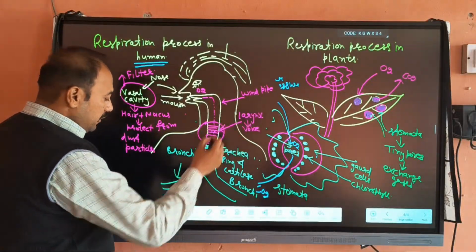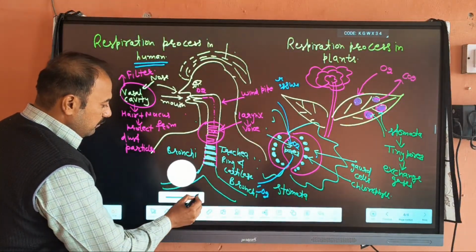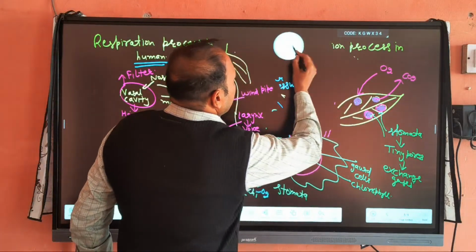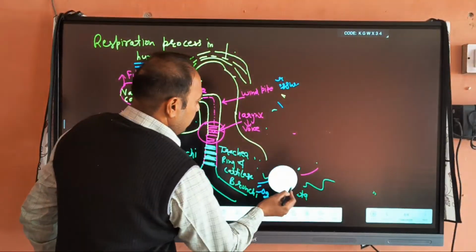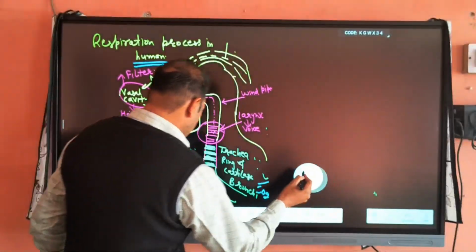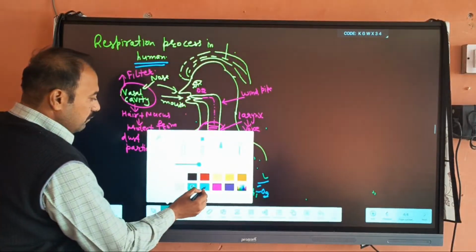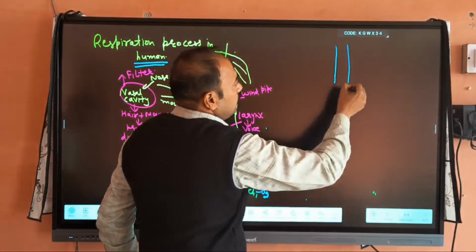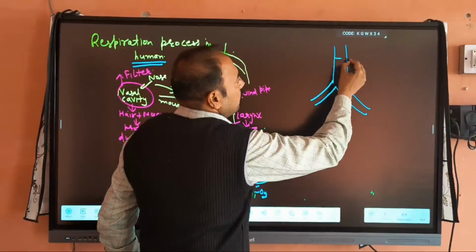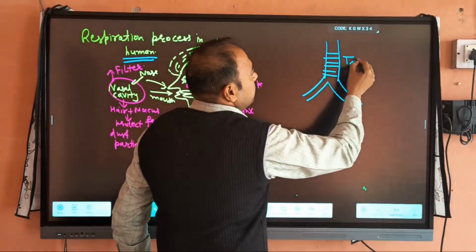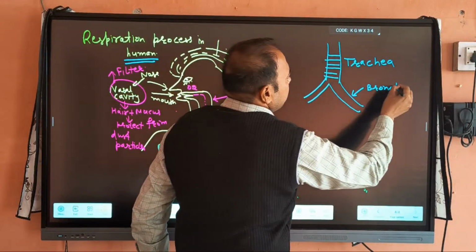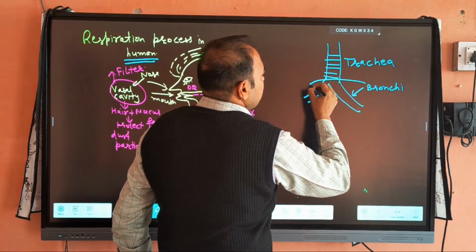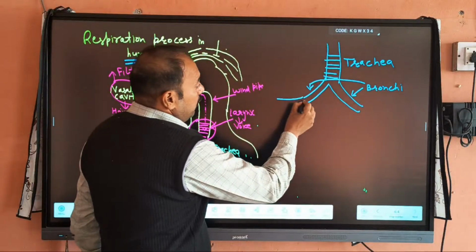After the trachea, this is known as the bronchi, and after the bronchi, these divide into smaller parts. So there are many branches.